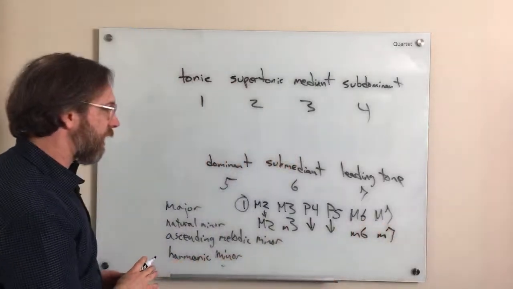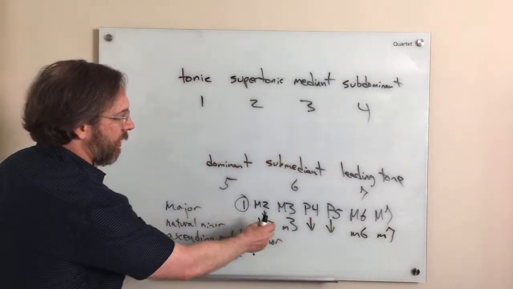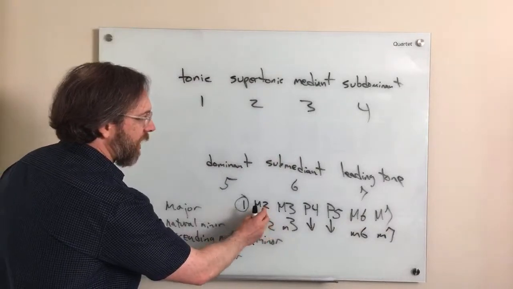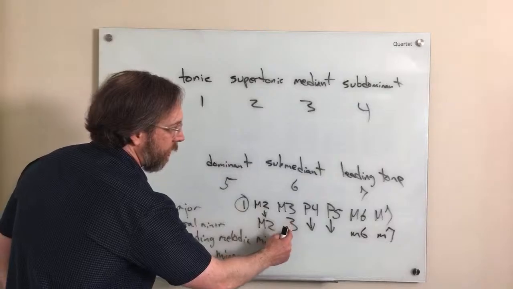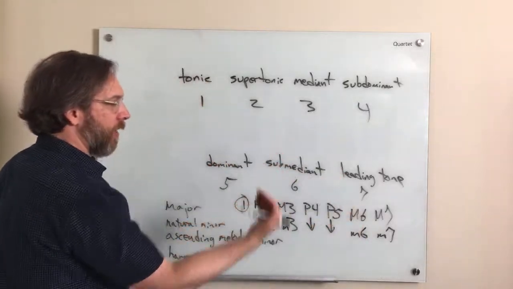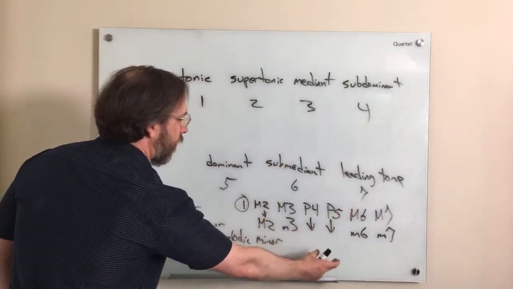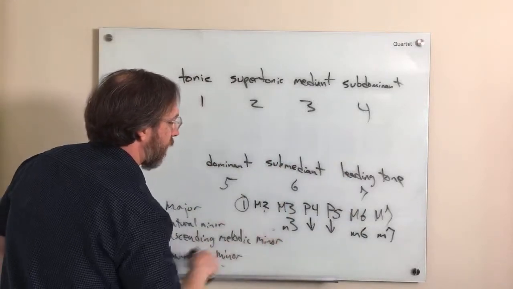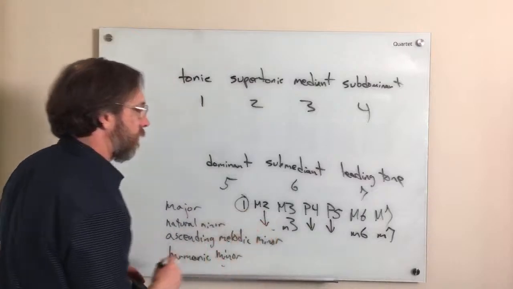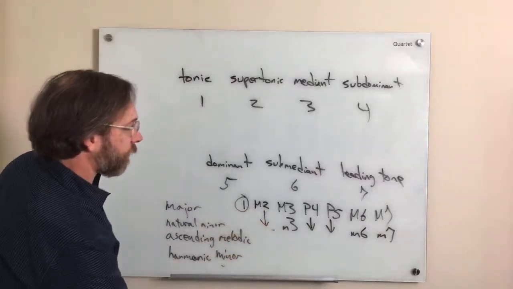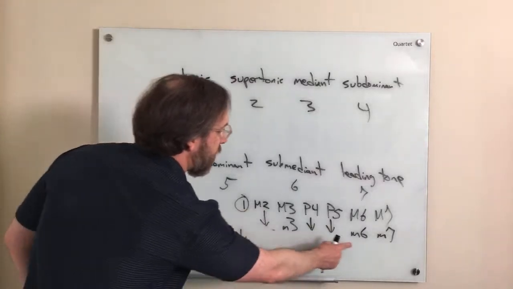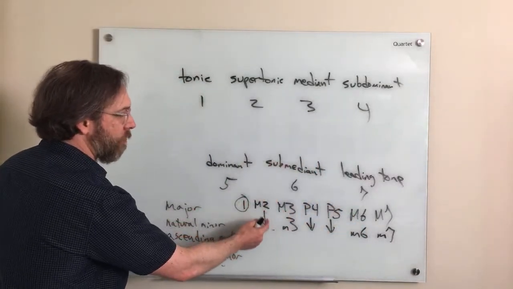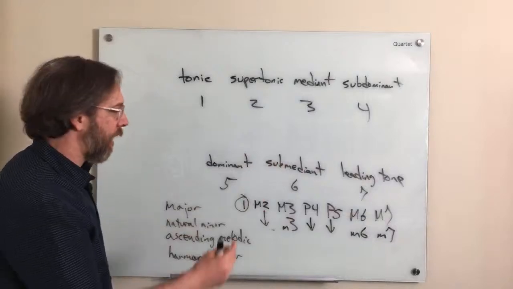So it's interesting that with the exception of the second, the 3, 6, 7 all go from major to minor. The 4th and the 5th stay the same, and the major second stays the same. So let me just write it so it looks the same, right? The 3, 6, and 7 go from major to minor. The only thing that stays major in a natural minor scale is the second.